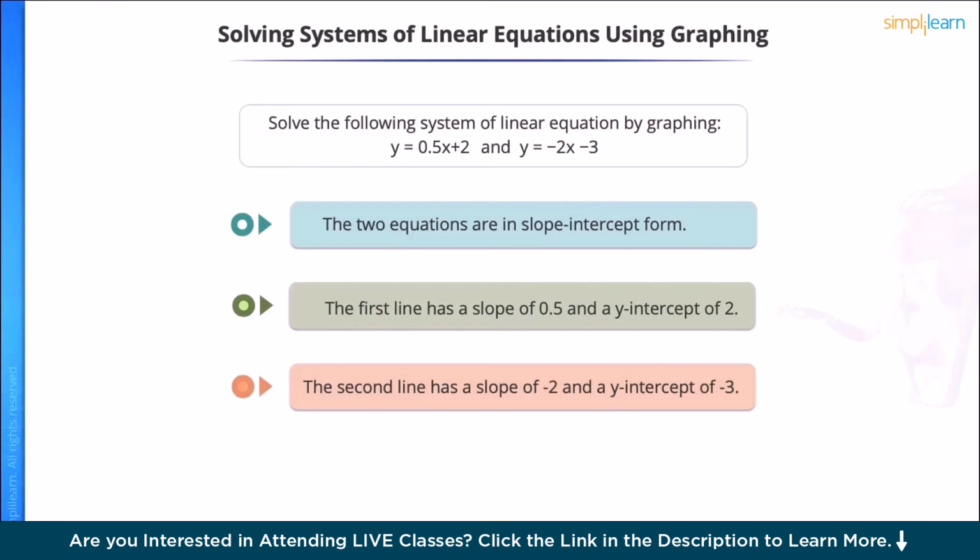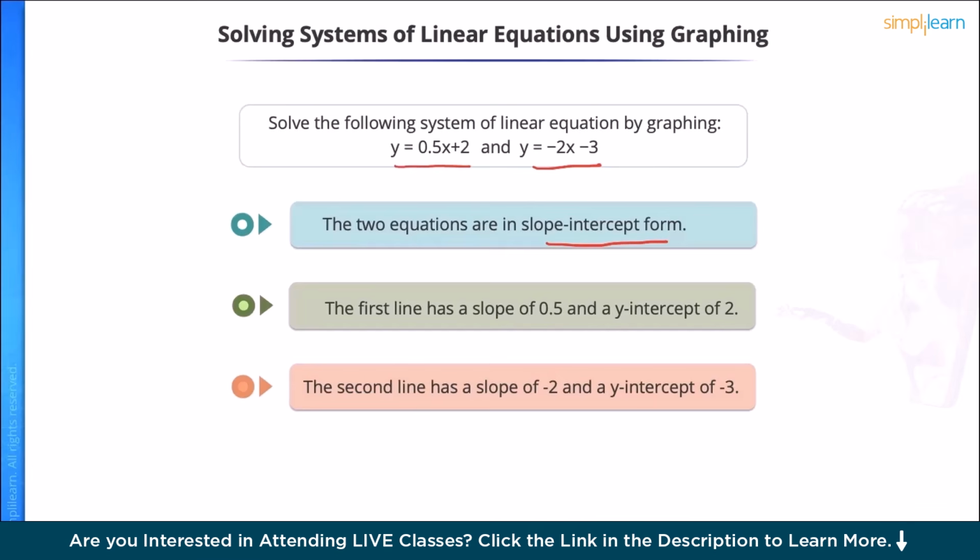Graphing method. Let's try and solve these two linear equations using the graphic method. The first equation is y equals 0.5x plus 2, and the second equation is y equals minus 2x minus 3. The two equations, as we can see, are in the slope-intercept form.